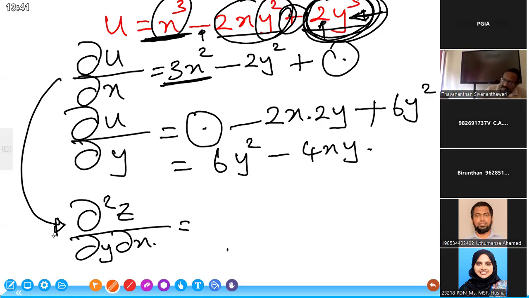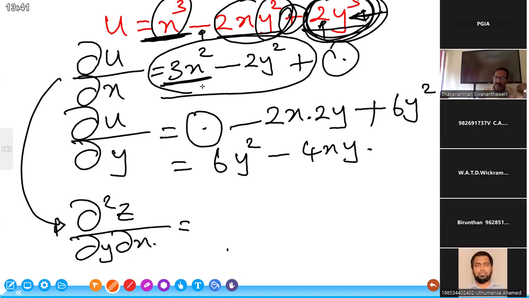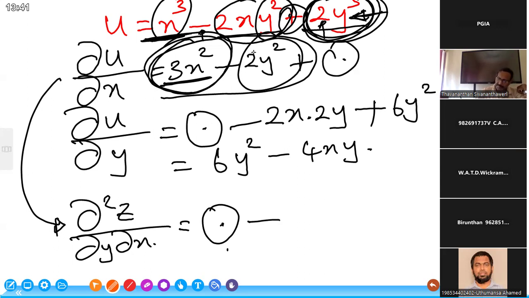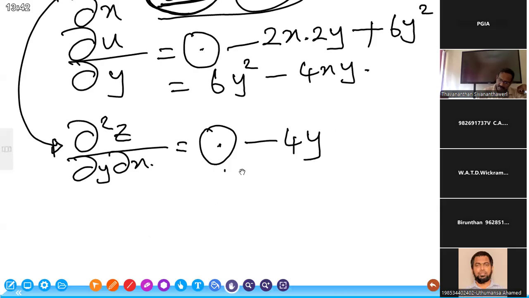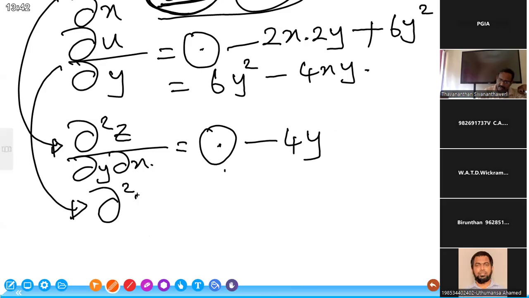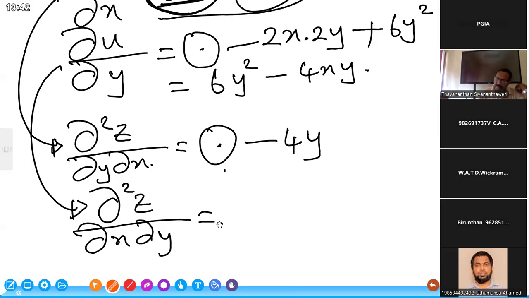So we'll have to differentiate this component with respect to y now. Minus 4y. So the first component is 0, minus 4y. Similarly, if you further differentiate this with respect to x, this component will be treated as a constant. The answer is minus 4.